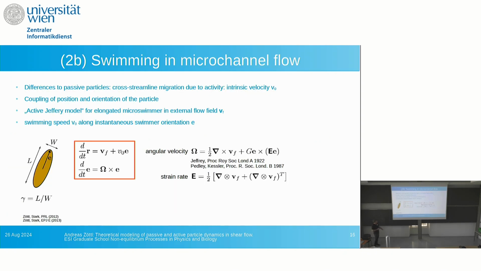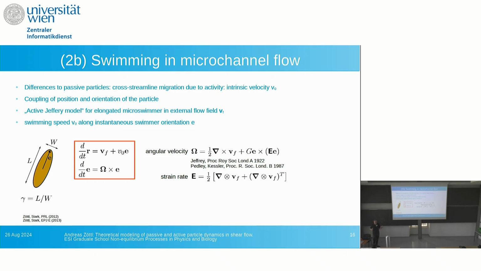I want to go now to the basic equation of an active particle in flow, because it looks very similar to the Jeffery equation. If you have an active particle, like a microswimmer, it will move at a certain velocity v0 along its director. This also means it can easily cross streamlines, in contrast to the passive particle. But the rotation rate of the active particle is essentially the same as for the passive particle.